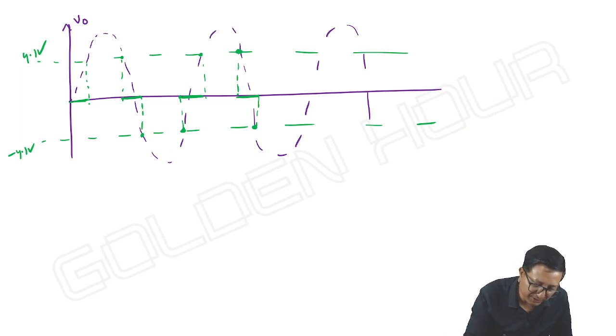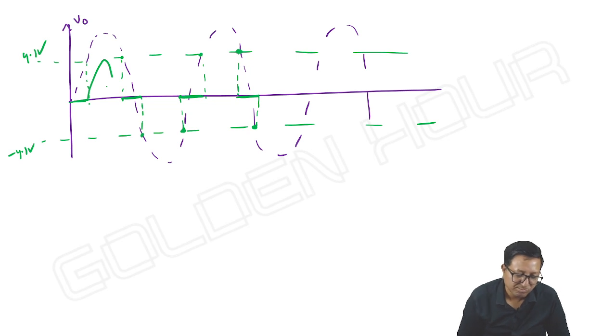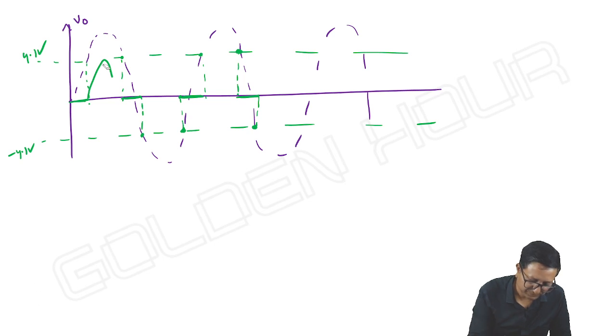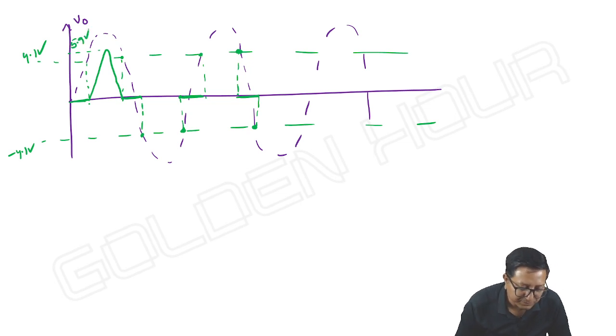It can reach a maximum of 5.9 volt. And again, during negative cycles, it can reach up to minus 5.9 volt.